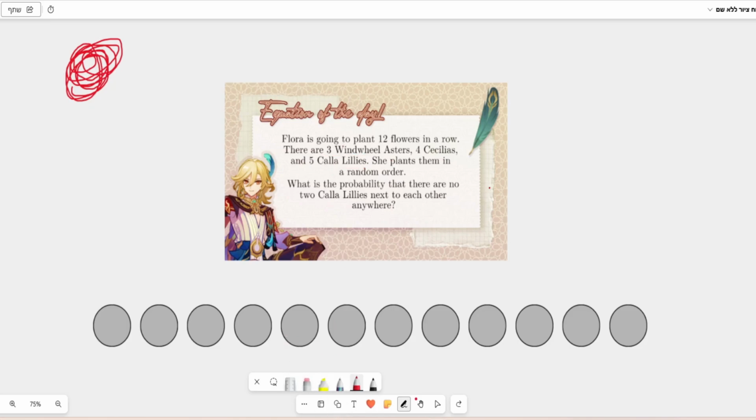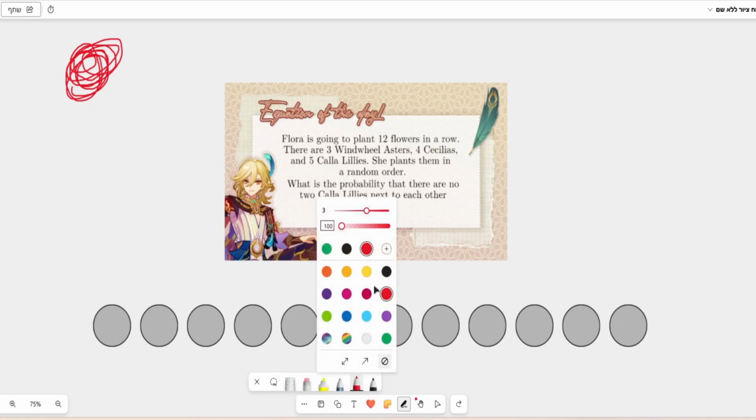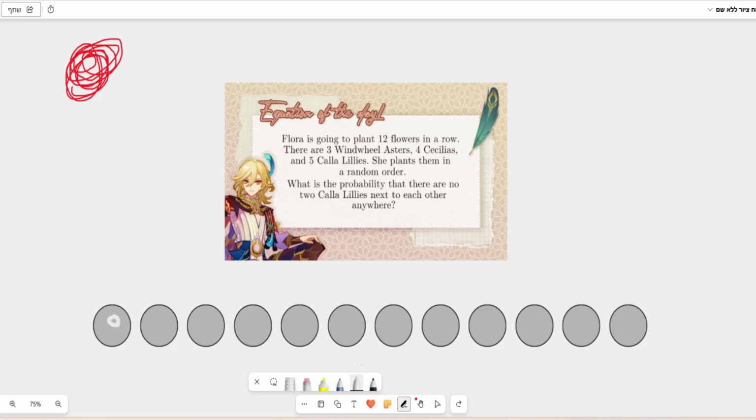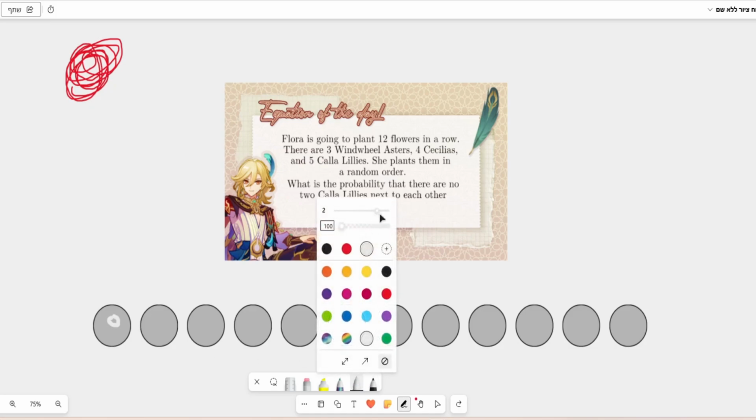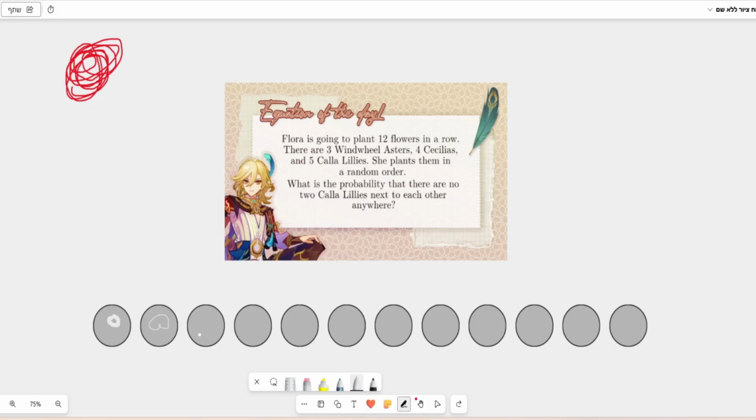I have 7 non-calla lilies. We're going to color them white. Do I have a color select here? Yeah, okay, nice. We're going to color them white, and also, I can barely see. Is this the size? Okay, this is the size. Why can I not undo?